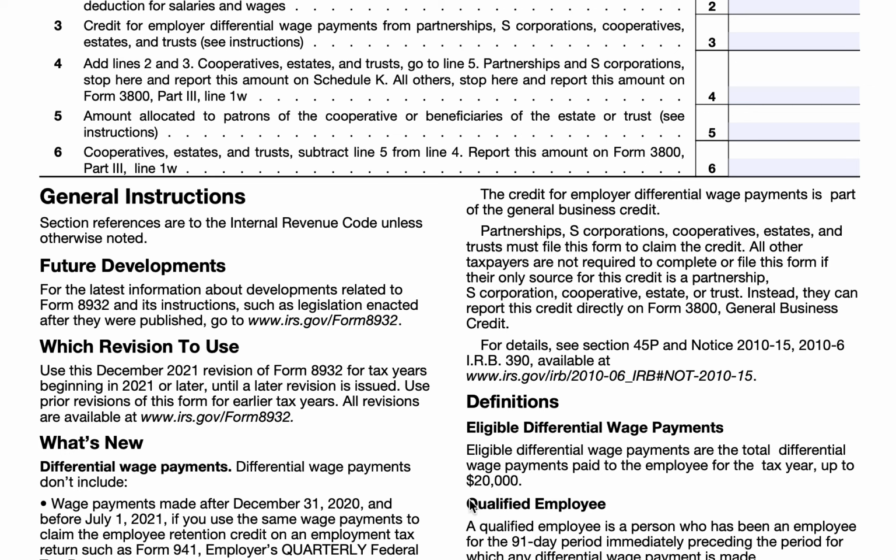However, differential wage payments do not include certain payments that you would have used to claim other tax credits or incentives.